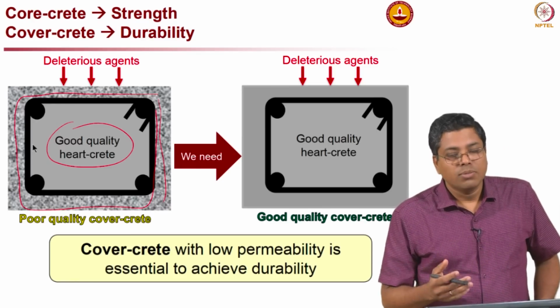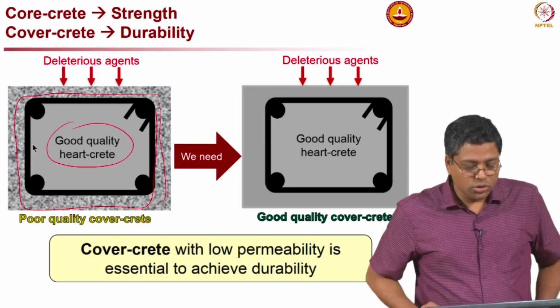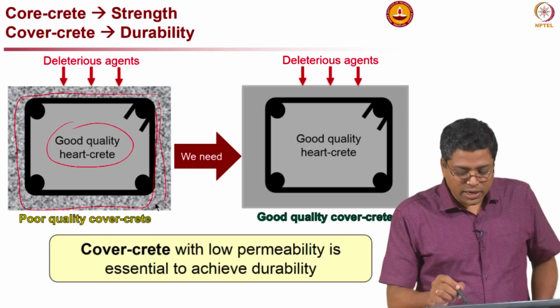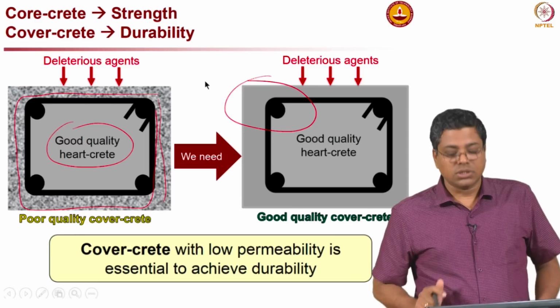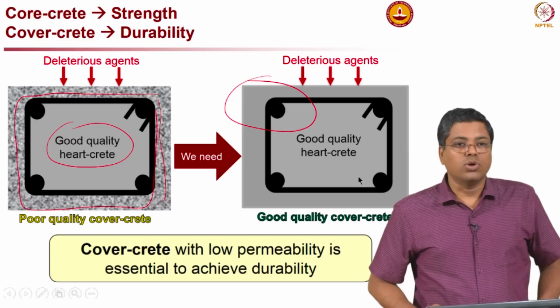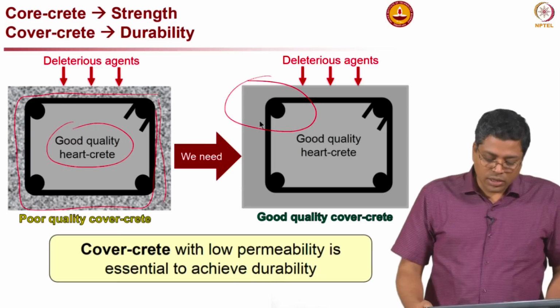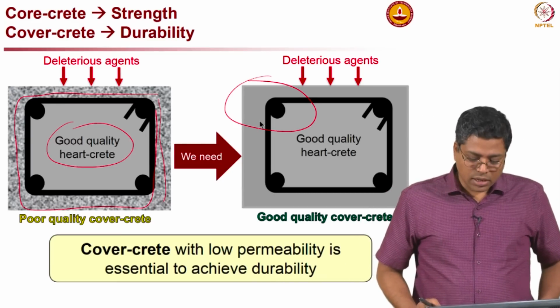Because you are not providing sufficient water for that covercrete to cure and develop the microstructure. So, what we need is something where both the concrete inside and outside the reinforcement cage is of good quality. How do we get that? By ensuring very good curing practices at site.